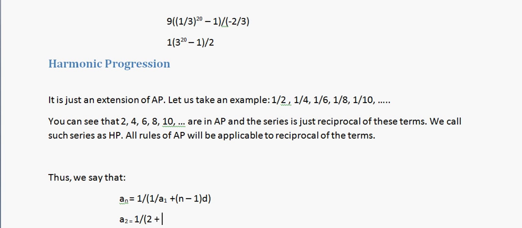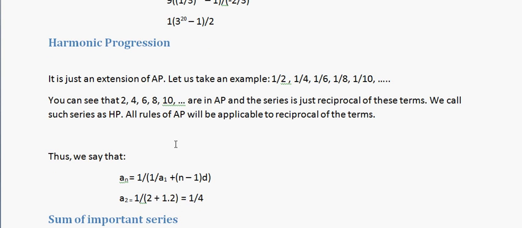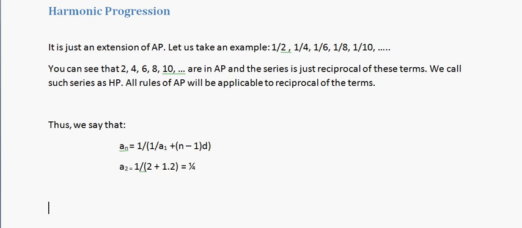Plus N minus 1 into D, N is here 2, so 1 into the common difference, which is 2, right? Which is equal to 1 by 4, right? So this is how you find the nth term of HP, right? Rest all the formulas are the same. You can apply the sum formulas and all that stuff after taking the reciprocals, right?